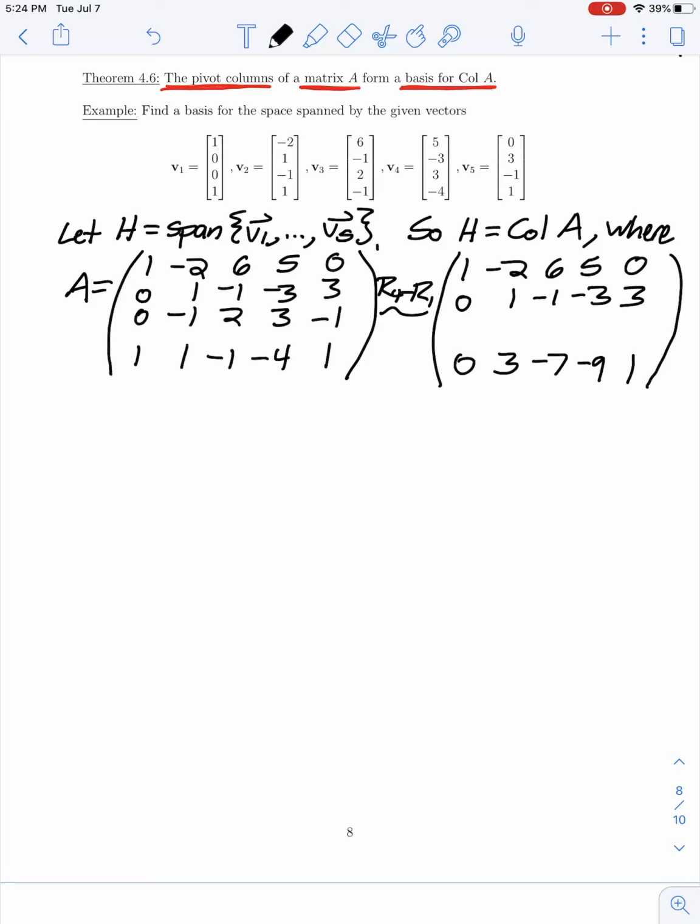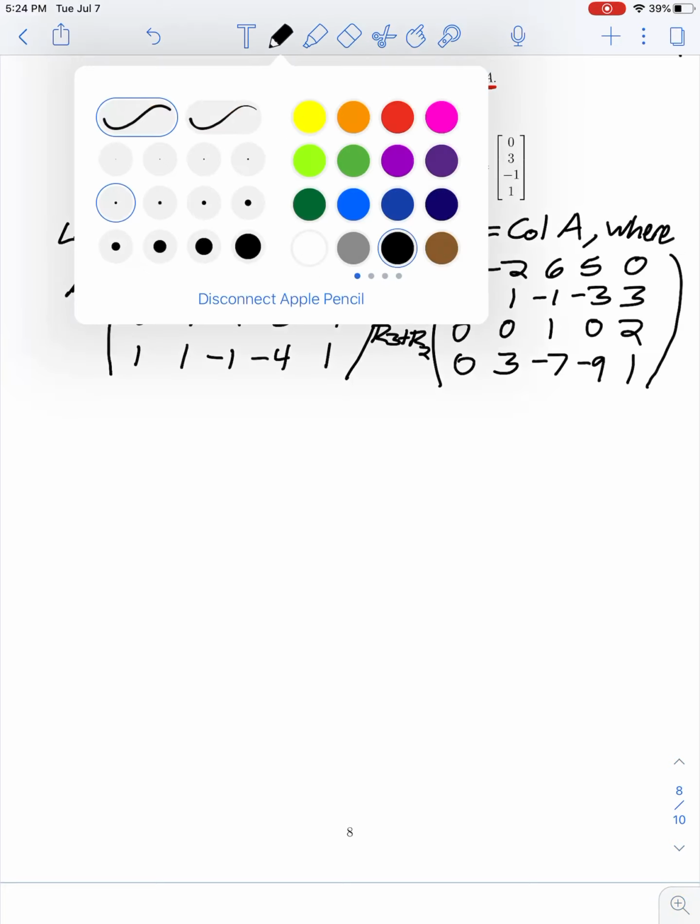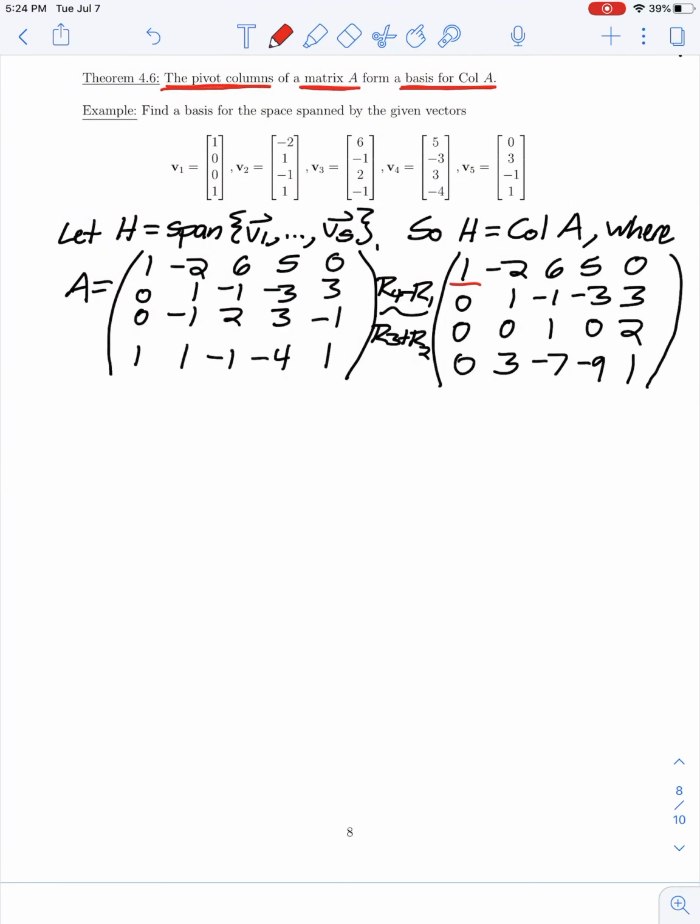So let's see. Then in my third row, if I add the second row to it, I can simplify a bit further. So I might take row 3 plus row 2, which would give me 0, 0, 1, 0, 2.